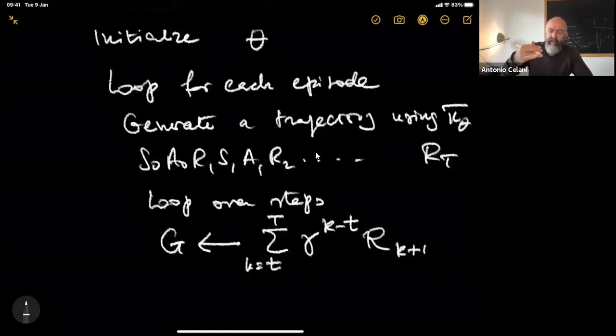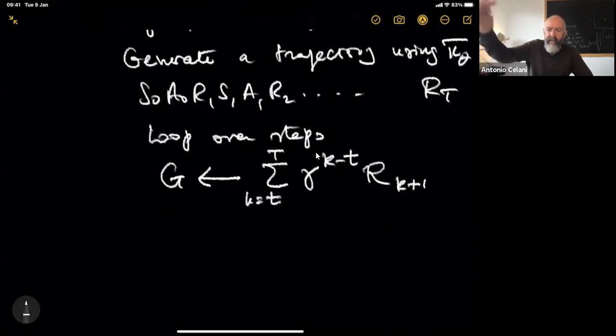So this is how, from your sequence of data, you construct at any given time what your trajectory gives you as reward from that time to the end of the string, which of course should be sufficiently long.